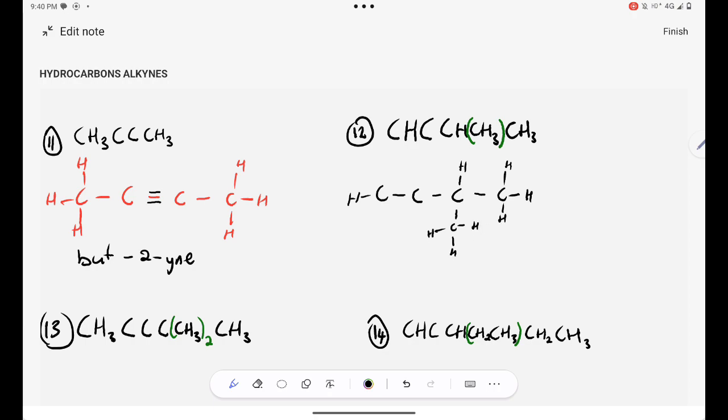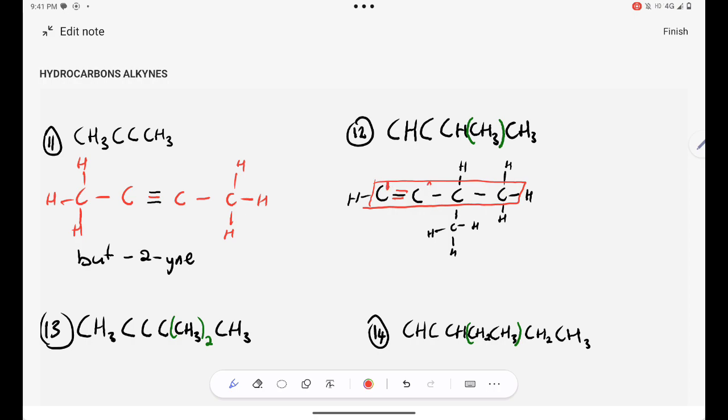Please note that, guys, each and every carbon should be surrounded by 4 bonds, but I can see that these 2 carbons are not surrounded by 4 bonds, which simply means I must have 2 extra bonds there. Are we together? So whenever I number my parent chain, I should always start numbering from the carbon which is closer to the triple bond.